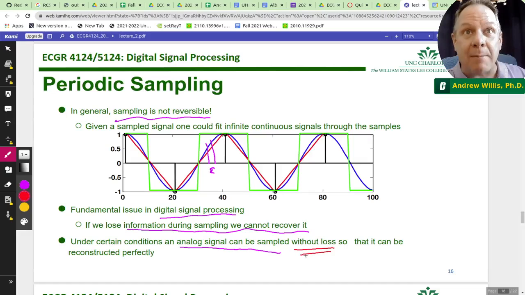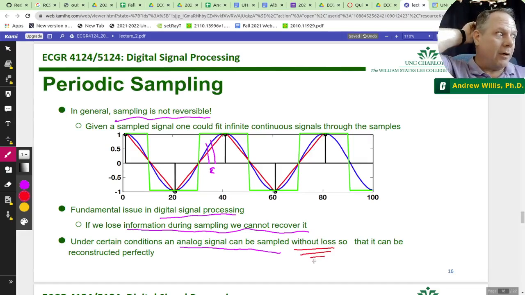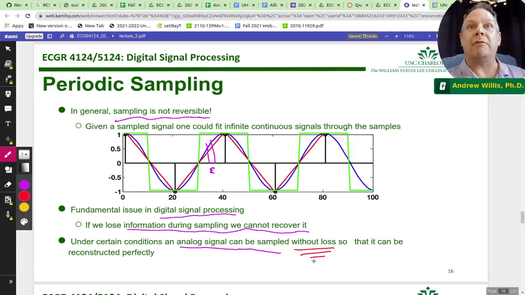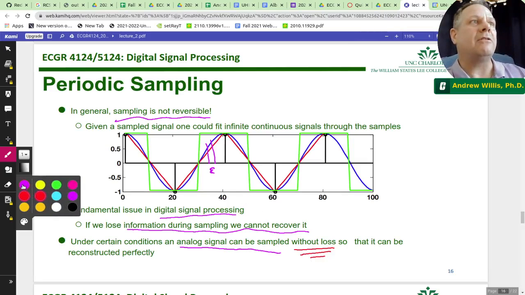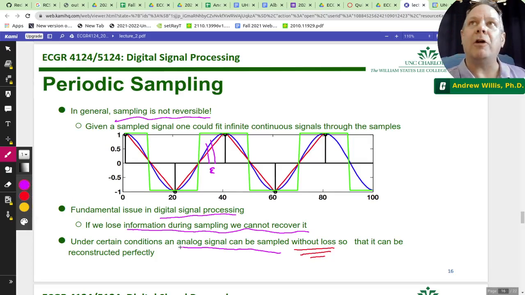That's sort of like a magic trick, but it becomes less of a magic trick once we understand theoretically why that can be done. That is one of the fundamental outcomes of understanding the theory of this class. In those circumstances, we can reconstruct the original signal perfectly, which is fairly amazing.